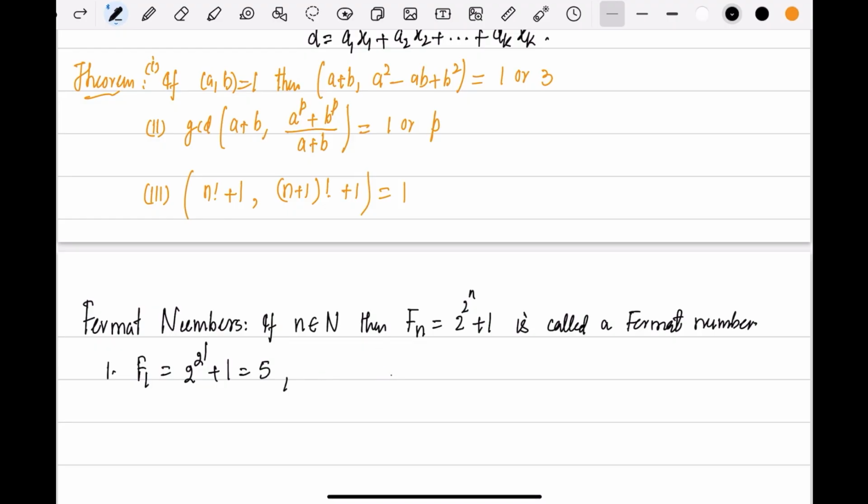Or we can define the Fermat numbers from 0 also: n is greater than or equal to 0, then Fn is defined in this way. So F0 is 2 to the power 2 to the power 0 plus 1, which is equal to 3.